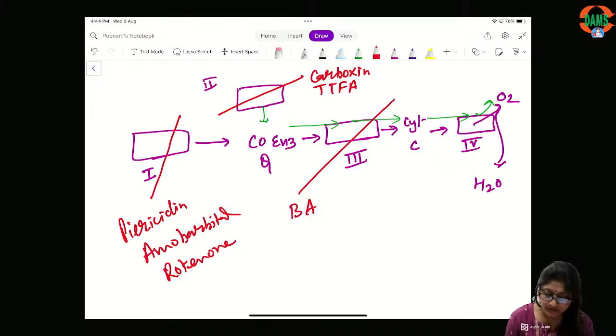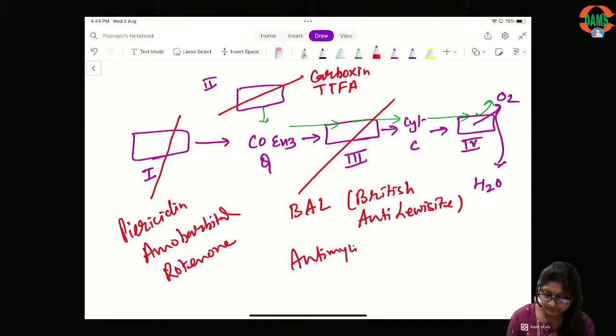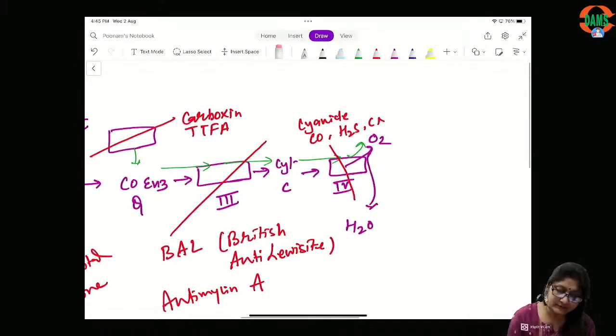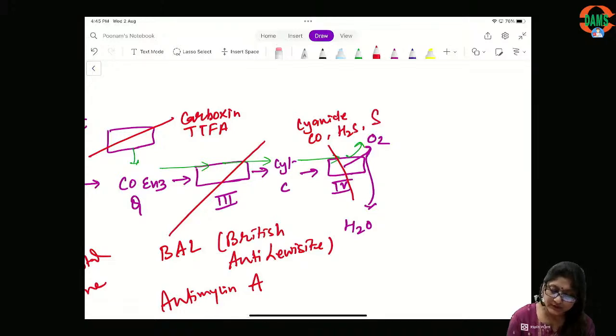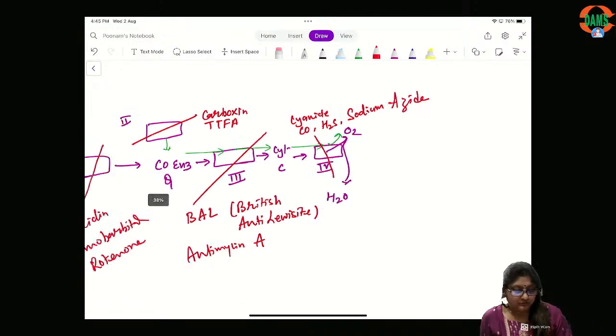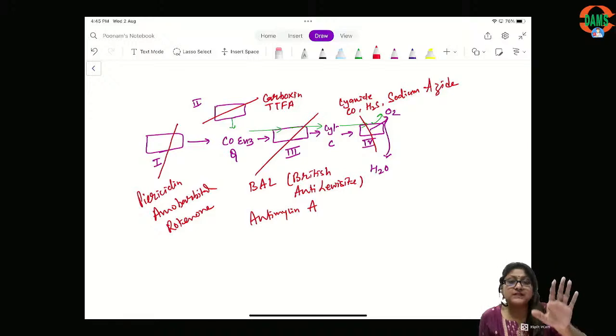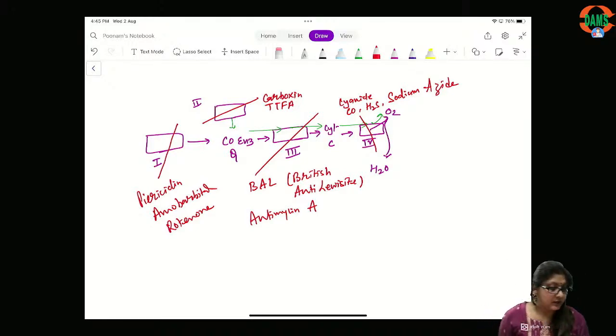Within complex 3, you have British anti-lewisite and antimycin A. And within complex 4, you have cyanide, carbon monoxide, hydrogen sulfide, and sodium azide. So these are the various blockers which are blocking the electron transmission on the electron transport chain.